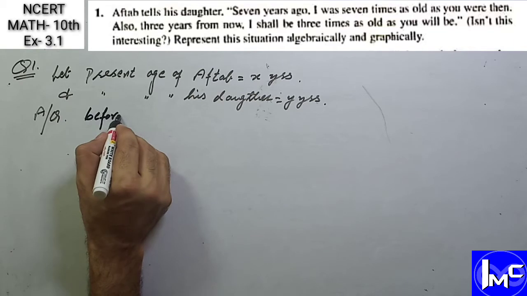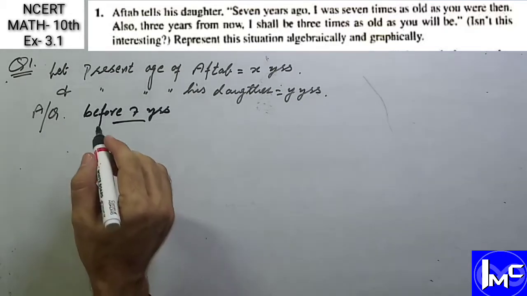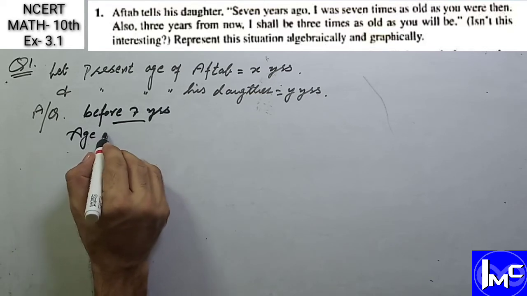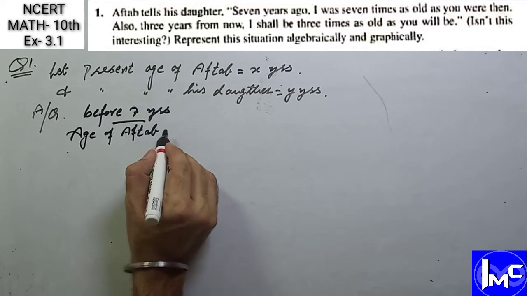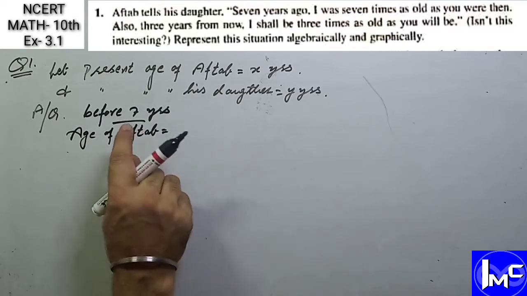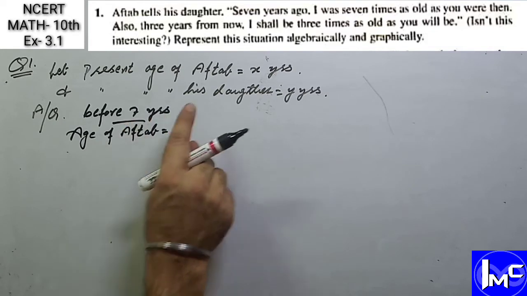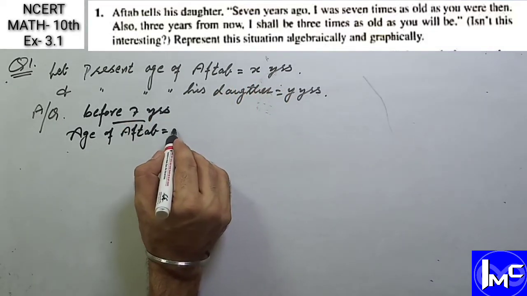Because the age is before 7 years, 7 will be subtracted from the present age of Aftab and his daughter.